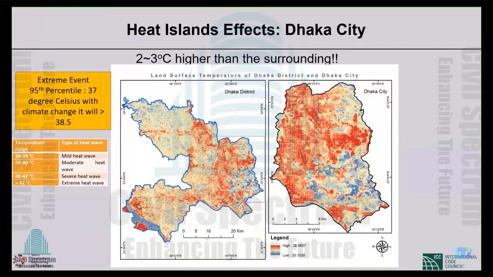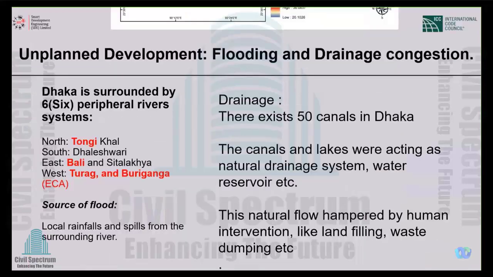The surrounding area is not much red, but when you come to Dhaka, it's red. It means that if other areas feel 28 degrees Celsius, here you're going to feel 2 to 3 degrees more, because of the paved area, less green area, and fewer wetlands, which make the temperature higher and higher. This is very crucial when you're talking about the totality of planning, the total system, you have to look at it.